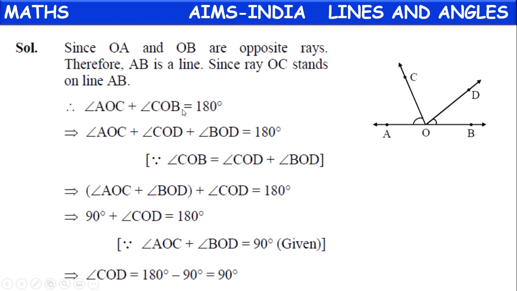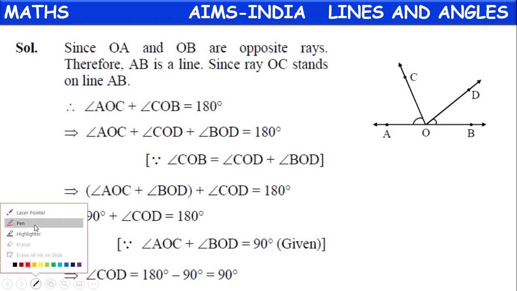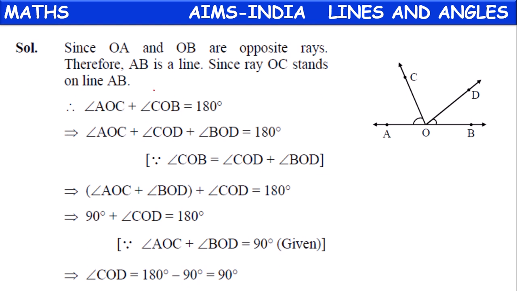Here children, they have given OA and OB are opposite rays. OA and OB are opposite rays. And AB is the line.